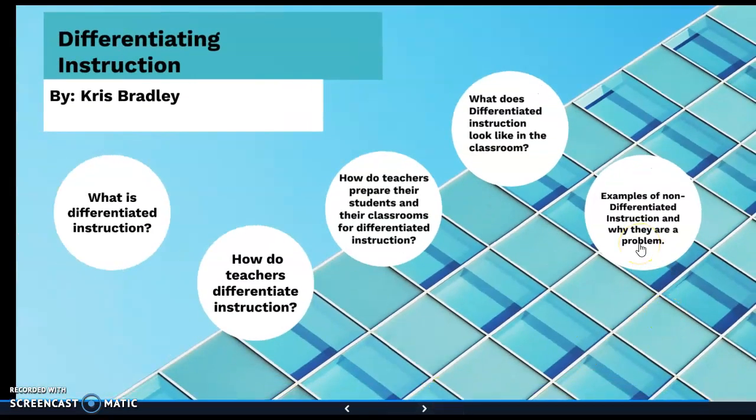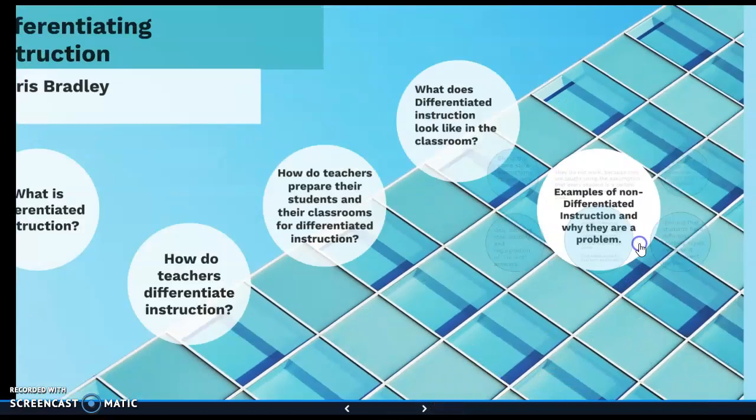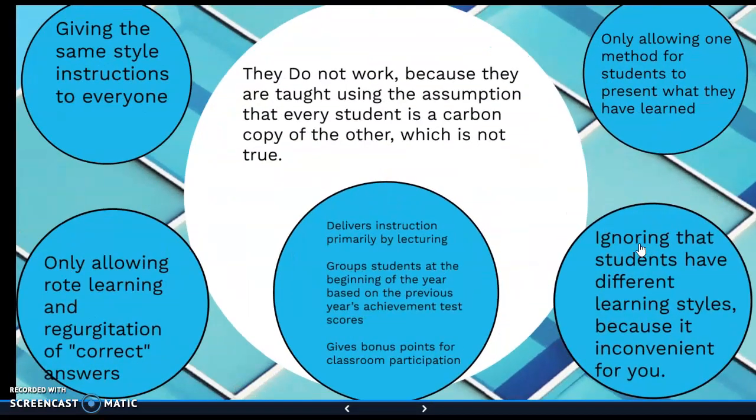And there are some examples of non-differentiated instruction and why they are a problem. These are just a few of them that I felt were really important, and they do not work. And it is because they're taught with the assumption that every student is a carbon copy and that everybody can learn the same, that everybody can listen to that lecture from that teacher, from that professor, and they're going to get it.